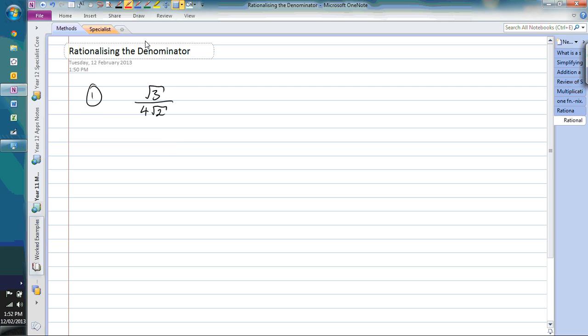Well, what we mean is that the denominator, that means the bottom of the fraction, needs to be rationalised. Well, we know that a rational number is one that can be expressed as a fraction. At the moment we've got a surd, so it's irrational on the denominator. We basically want to get rid of the surd. So rationalising means get rid of surds.